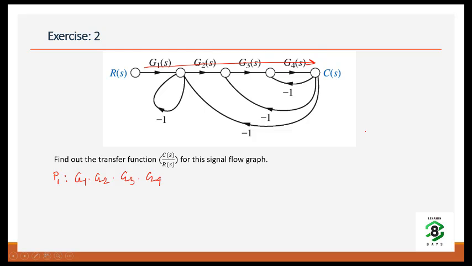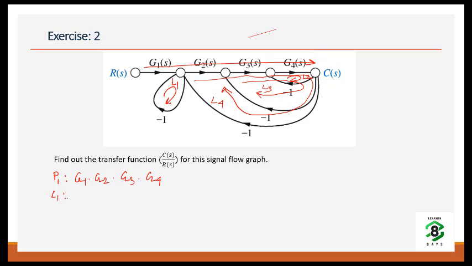Now let us see how many loops there are. We have one loop over here, another loop over here, another loop over here which is L3, and one more which starts from here, goes all the way to this and comes back, which is L4.